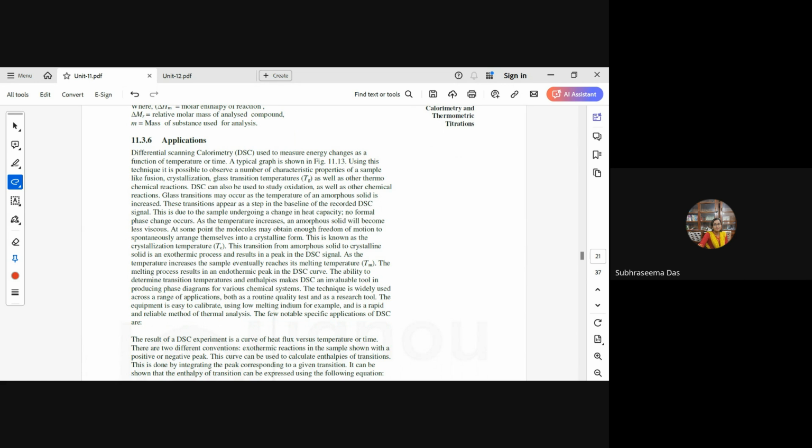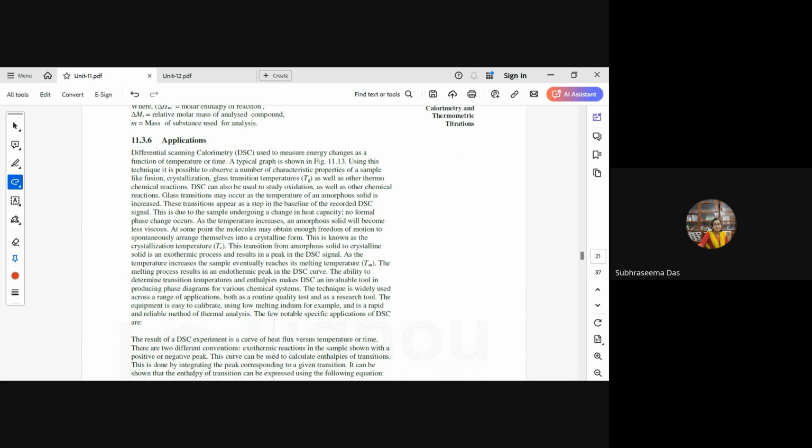So this transition from amorphous solid to crystalline solid is mostly an exothermic process and it results in a DSC signal. As the temperature is increased further, the sample reaches its melting point and thus the melting temperature of the sample is indicated, that is Tm. The melting process results in an endothermic peak in the DSC curve.